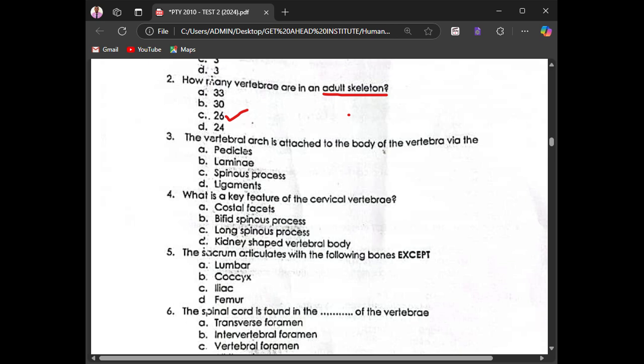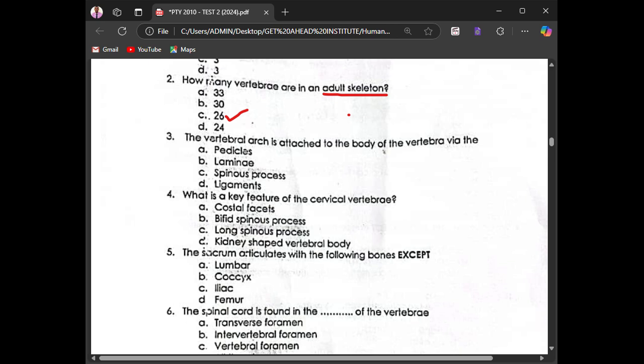Question 3. Which one are we going with on question 3?